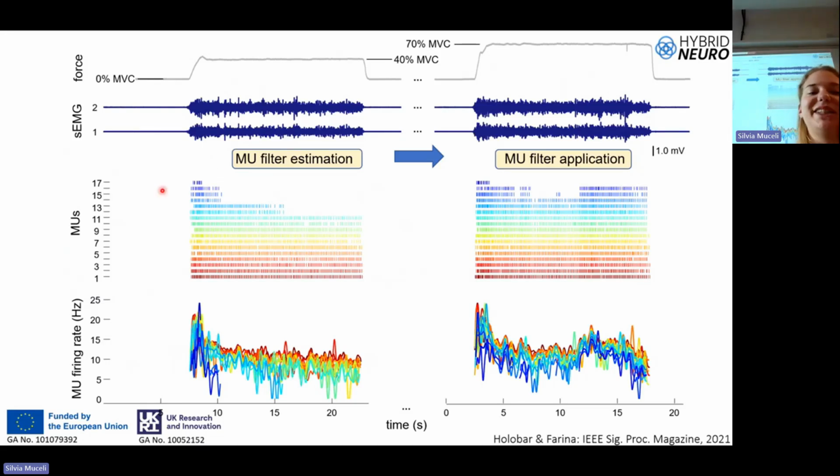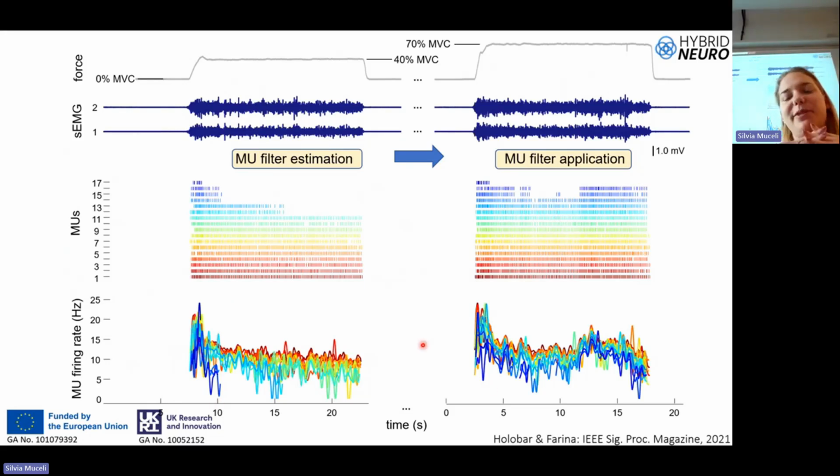And the number of successfully tracked motor units was 17. If you look at the pulse train and at the motor unit firing rate, you can see that there are a lot of differences. But even though, we were able to successfully track 17 motor units.